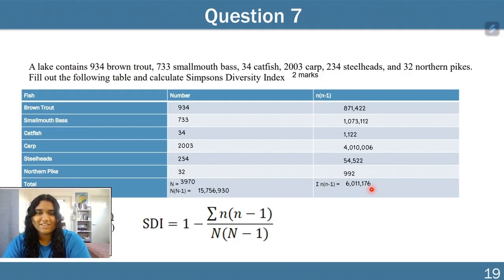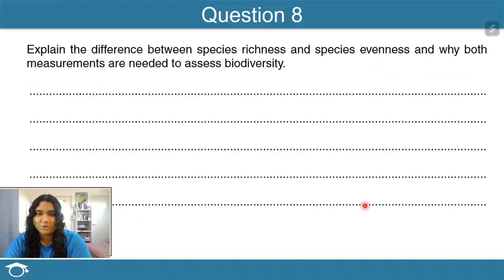6,176. Following along with that SDI formula, that formula then becomes 1 minus the fraction of 6,011,176 divided by 15,756,930, which gives us 1 minus 0.38, which is 0.62.